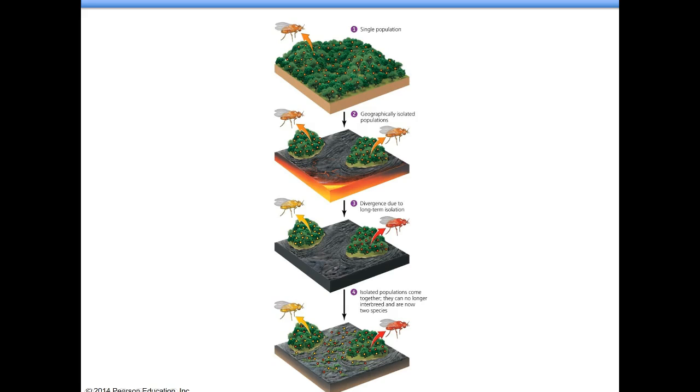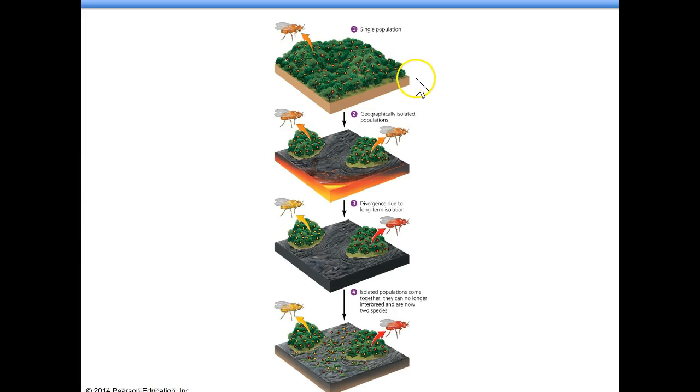Here is a diagram that is in your textbook on page 53, and it shows that this is not an immediate process. It's a long, slow process, especially with the different types of geographic barriers depicted here.